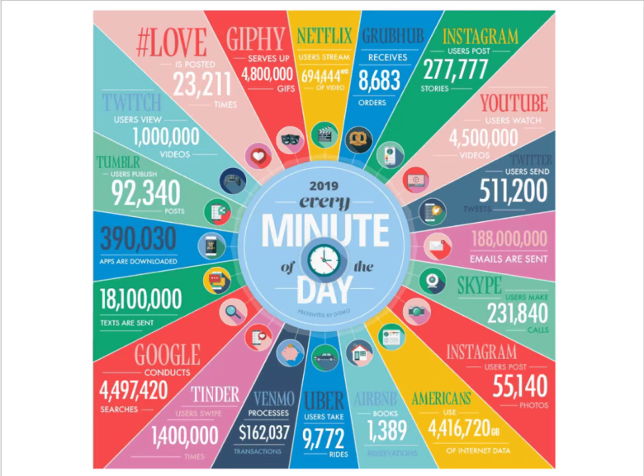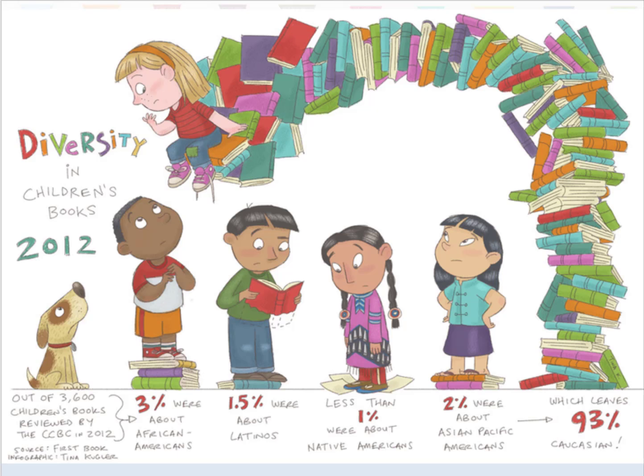For instance, every minute in 2019, Twitch users viewed 1 million videos. Every minute of the day in 2019, more than 18 million texts were sent. And here's another example infographic representing diversity in children's books as of 2012. The researchers reviewed 3,600 kids' books and found that 93% of characters were white.